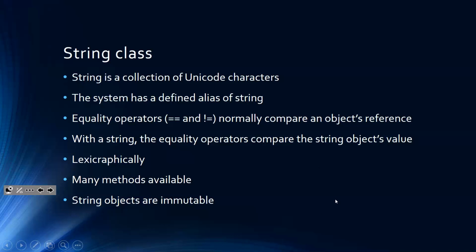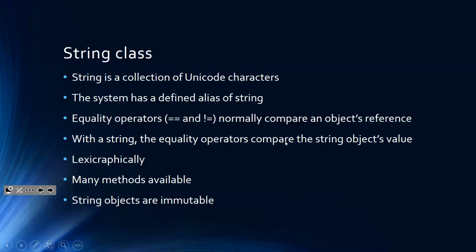So we don't usually compare, oh, it's 1, 2, 3. Internally, it's just, is it at the same place in memory? If it's at the same place, it must be the same thing. Now, with a string, we can't do that. We'll look at why in a sec. But with a string, the actual data, the object's value, is going to be compared. So we should get a good comparison.